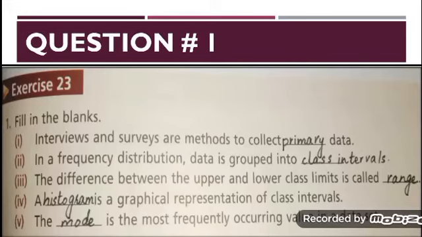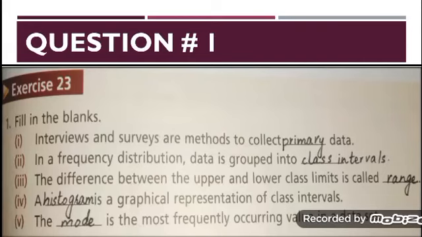Now we solve question number 1. Question 1 is fill in the blanks. Statement 1 is: interviews and surveys are methods to collect dash data. Here the answer will be primary data. Actually, the data which is collected directly from some source is known as primary data, and the data which is collected indirectly from some source is called secondary data.